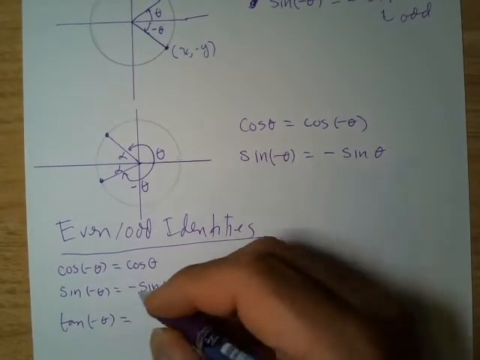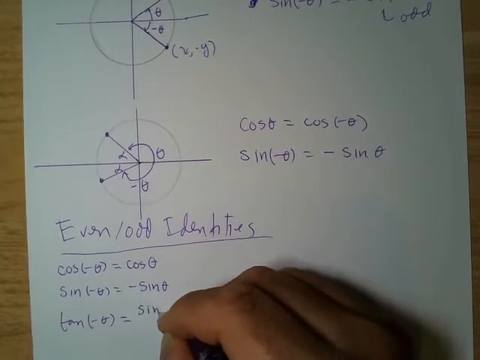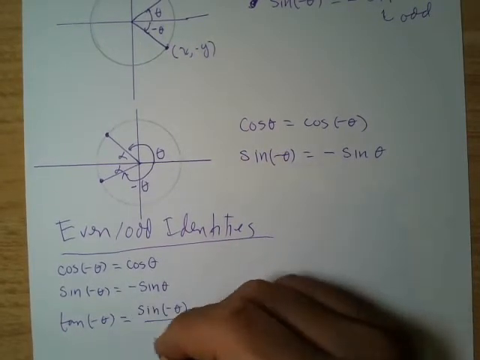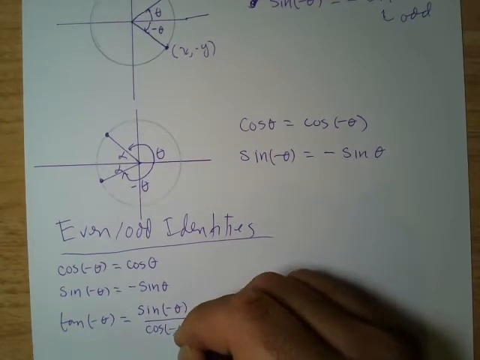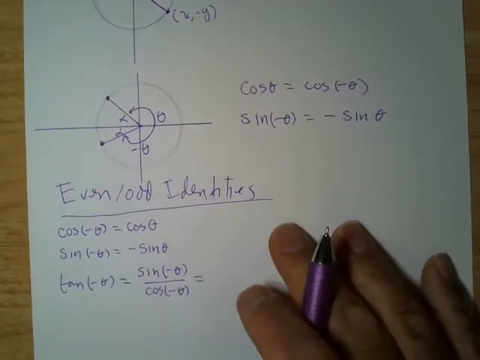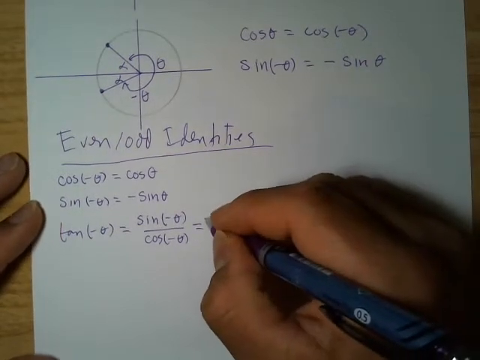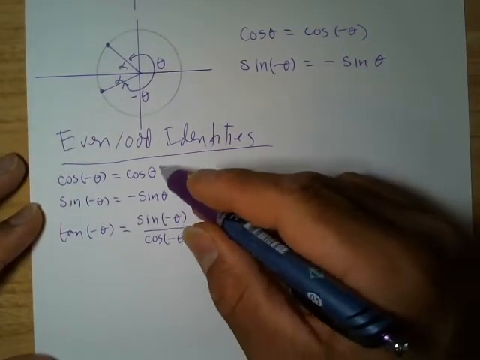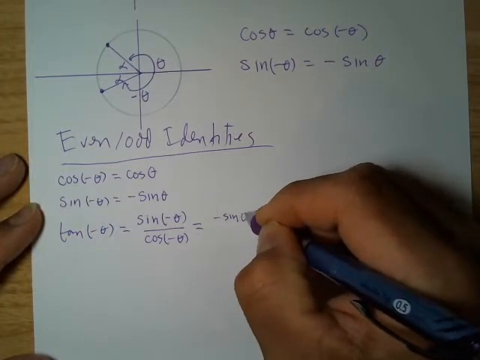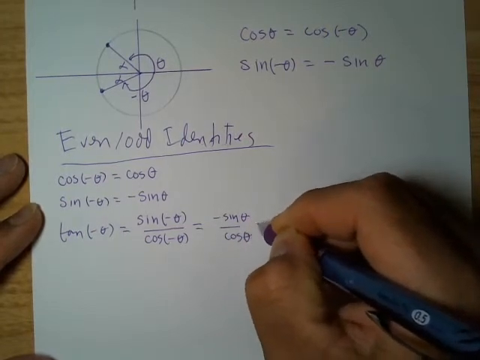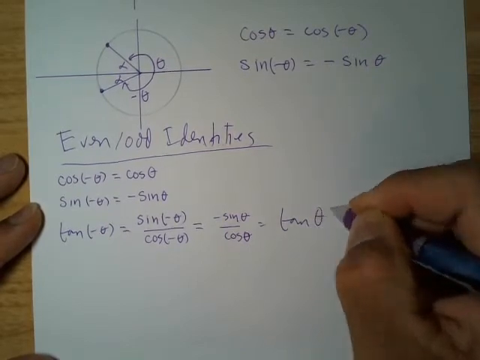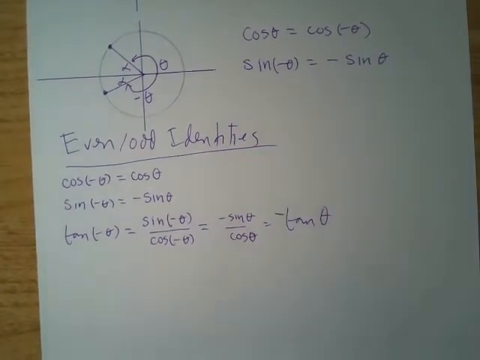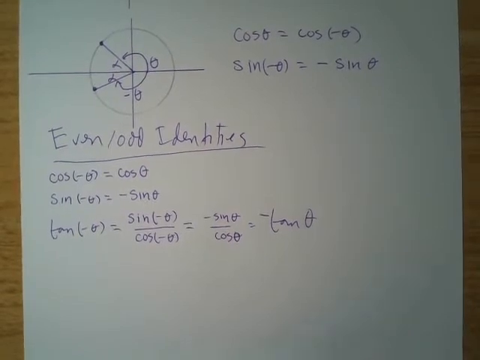Now again here, using the definition of the tangent, and again using the above two properties, this becomes negative sine theta over cosine theta, or negative tangent theta. So we have a bit of a proof for tangent of negative theta, simply using reciprocal properties that I covered before, and then the above even odd for cosine and sine.